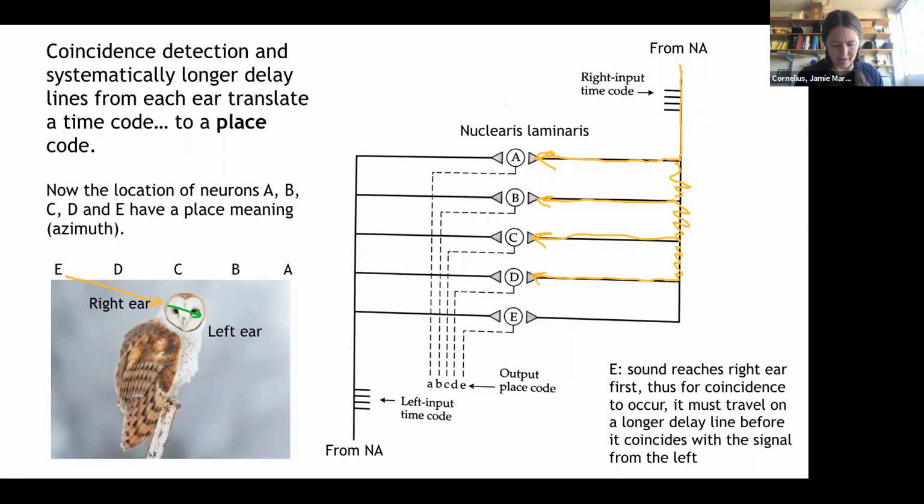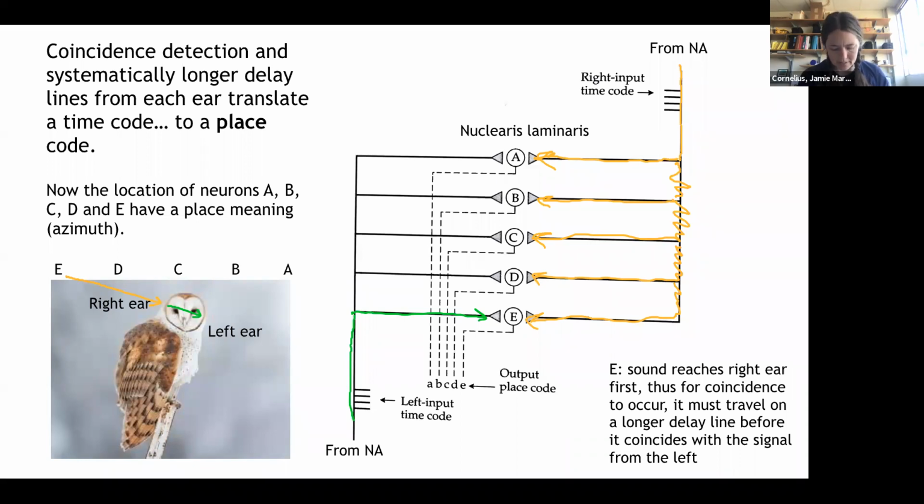So now finally the left ear is starting to transmit that sound some microseconds later. And it turns out that this delay line is going to be the point where those sounds actually coincidentally meet in the nucleus laminaris. And so neuron E is going to fire an action potential.